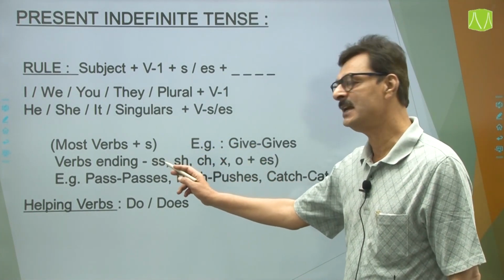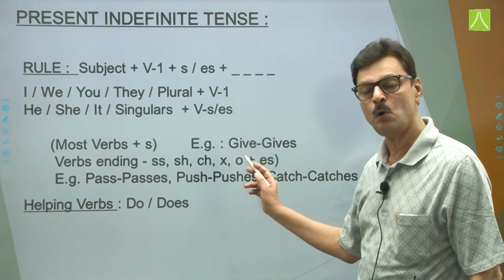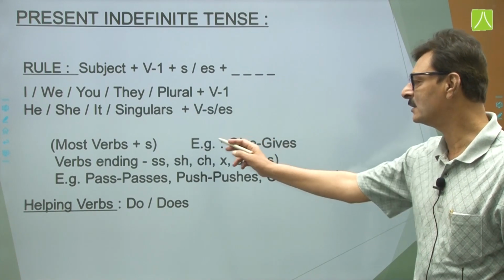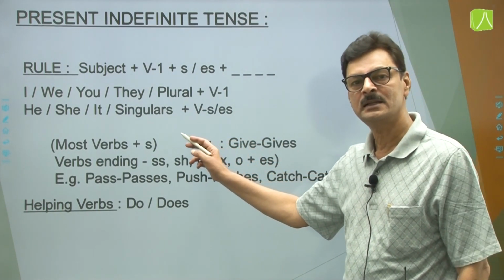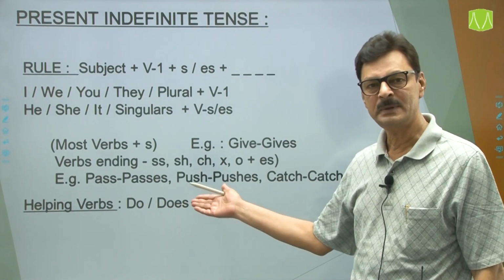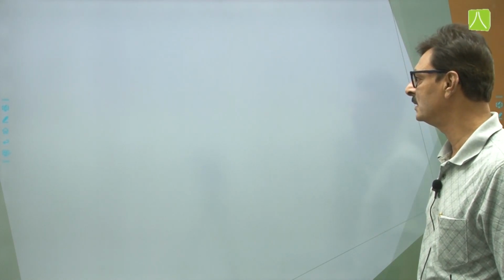When the verbs end with SS, SH, CH, X or O, then they always take the ES along with it. Else the verbs हमेशा S लेंगे उसके साथ. The helping verbs in this present simple are do or does.